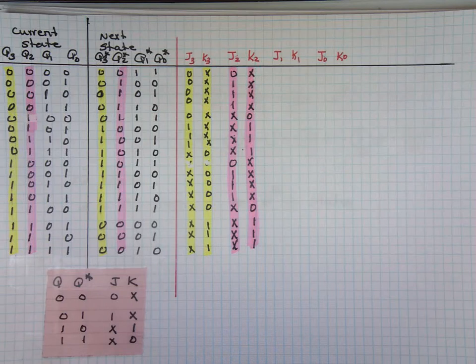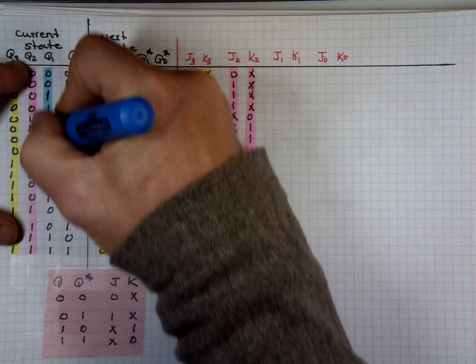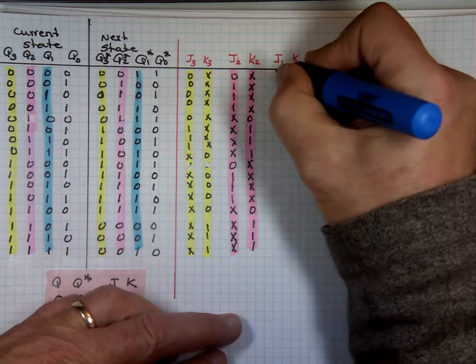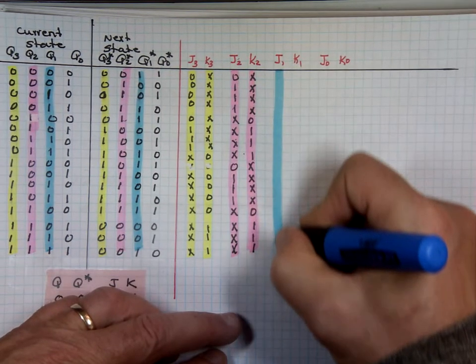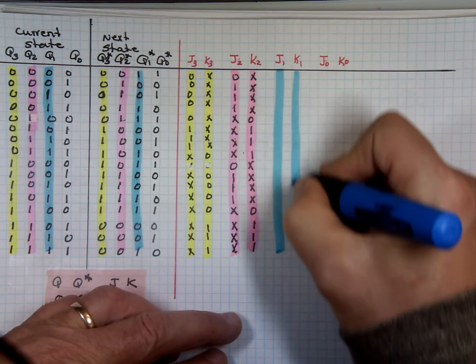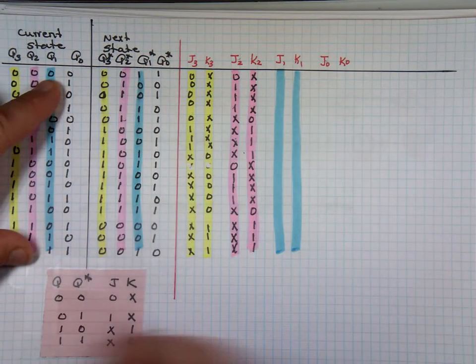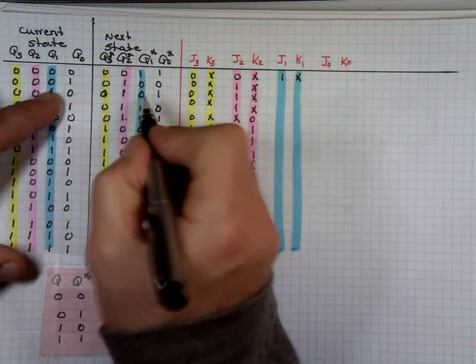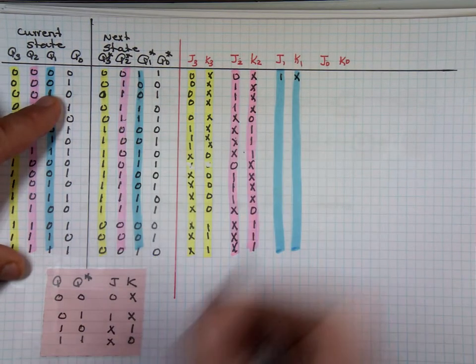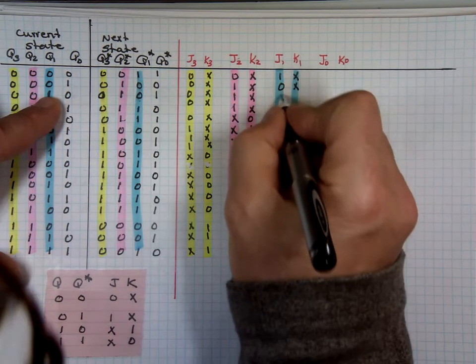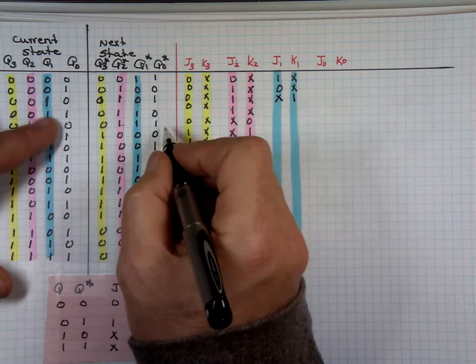Now we got the next one, Q1. And that will be this column and this column. 0 to 1, 1 and don't care. 0 to 0, 0 and don't care. 1 to 0, don't care and 1. 1 to 1, don't care and 0.